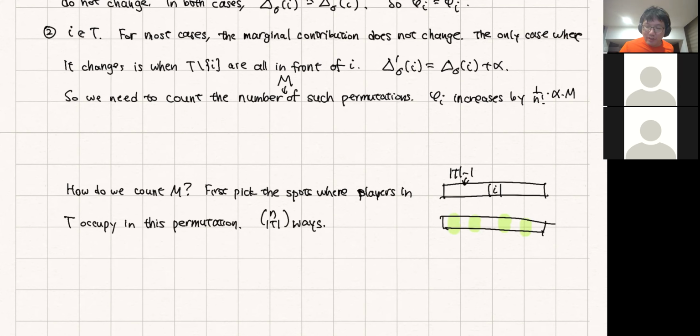All right. So once we pick the spots where all the T's will go, we need to say, where does I go? Well, I has to go in the rightmost spot, right? So player I goes into the rightmost spot.